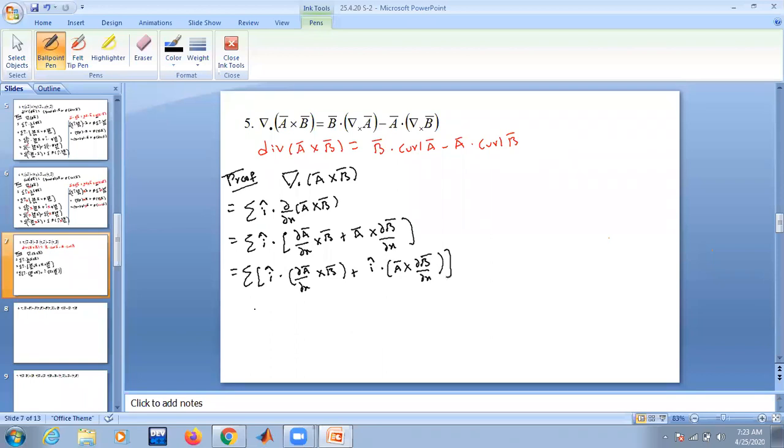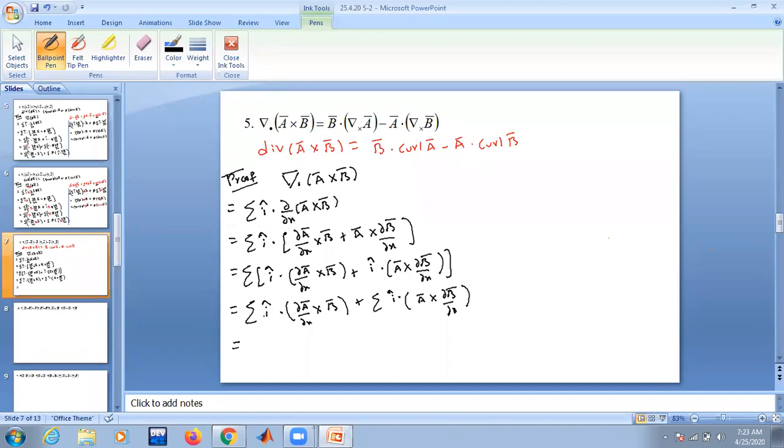Now separate the terms, apply sigma to each term. So this is sigma i dot dou a bar by dou x cross b bar plus sigma i dot a cross dou b bar by dou x. Now can you identify this expression?